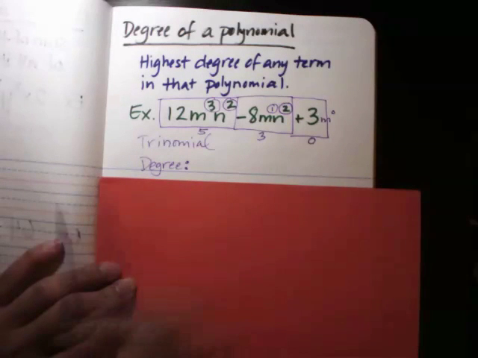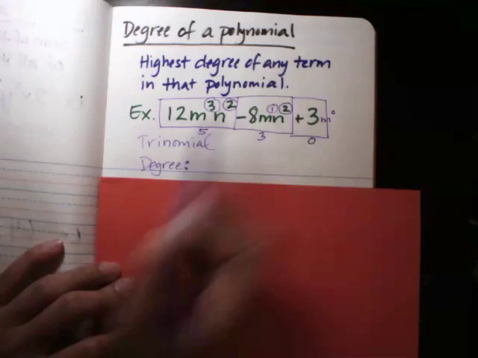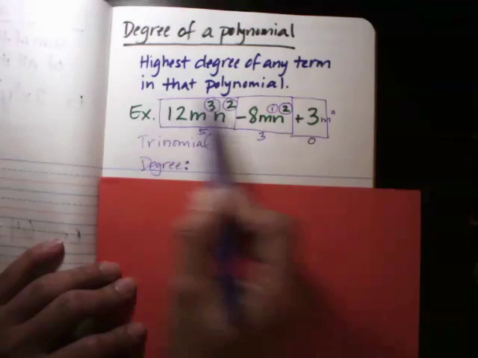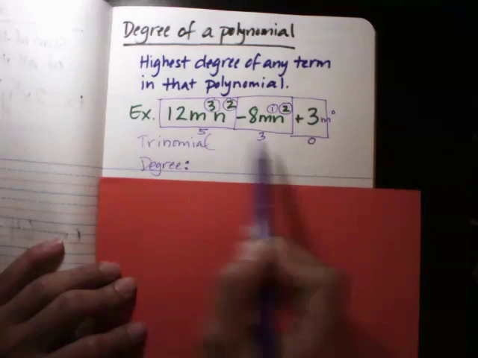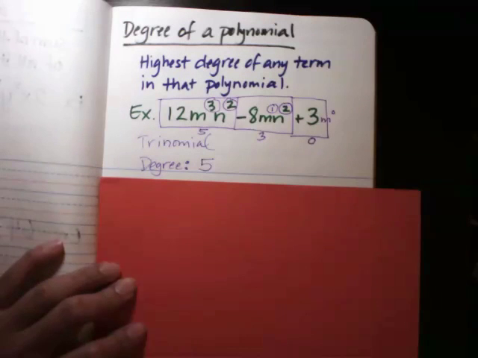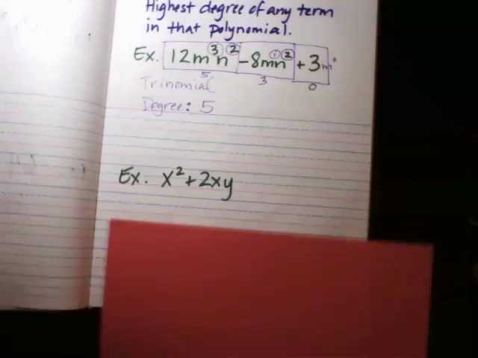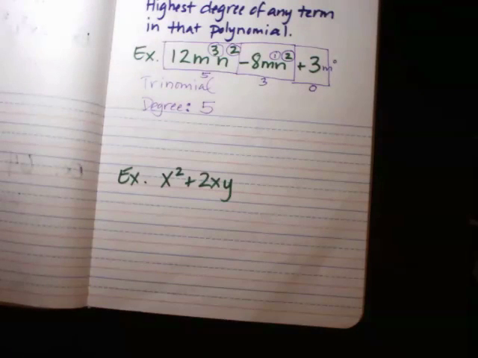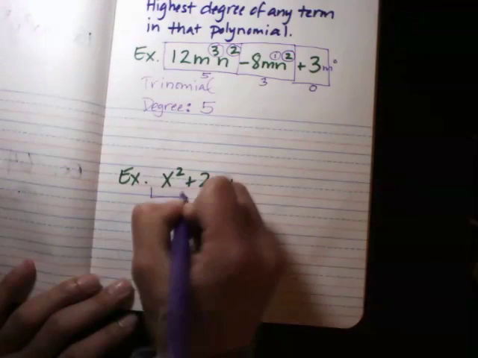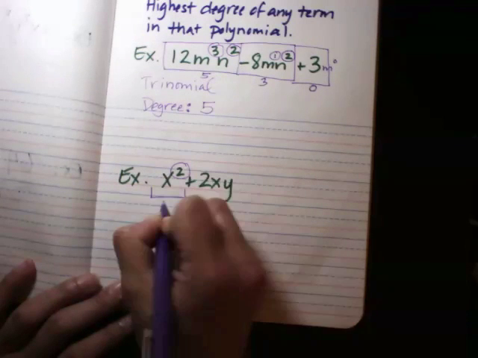Okay, and again, for polynomials, like trinomials, you're looking for the highest degree of any term in that polynomial. So you're looking for the biggest number. So degree here would be 5. Okay, you try it with this example. Okay, degree here for the first term is 2.